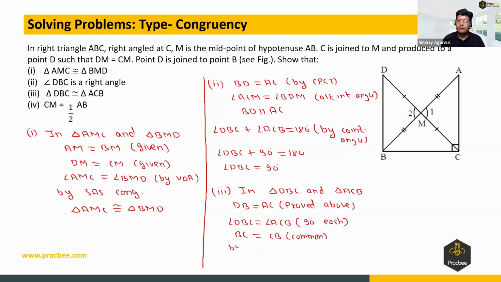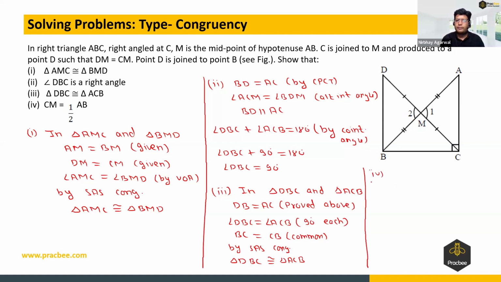So again I can write by SAS congruency, triangle DBC is congruent to triangle ACB. We could even use more concepts. Instead of angle DBC, you can take angle BDC and angle CAB. We have a lot of information, so you can use anything.